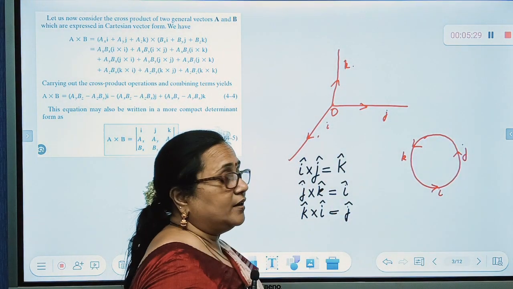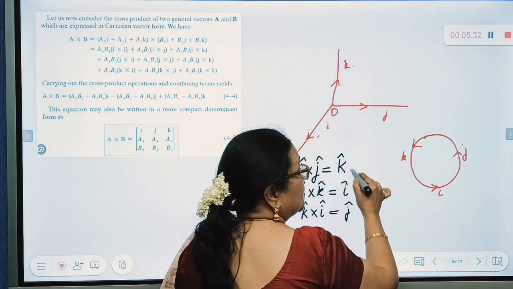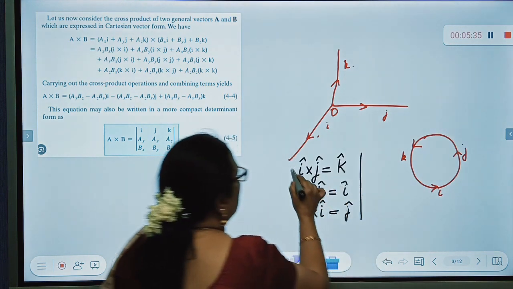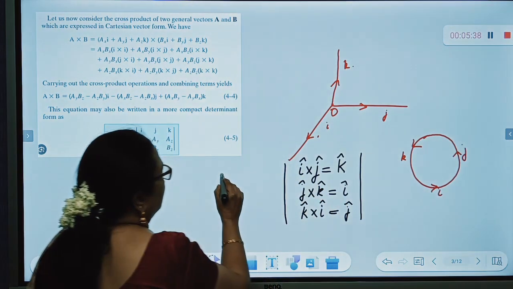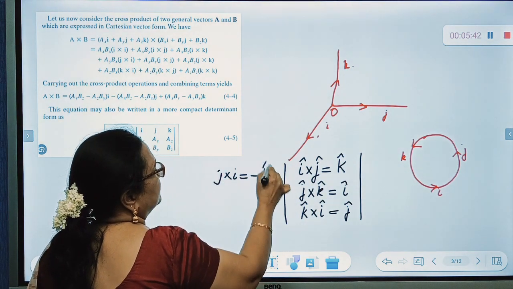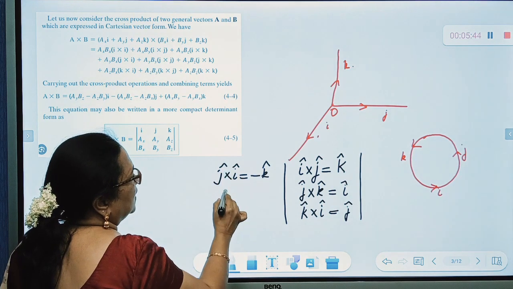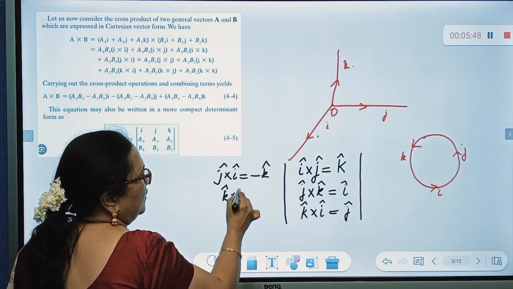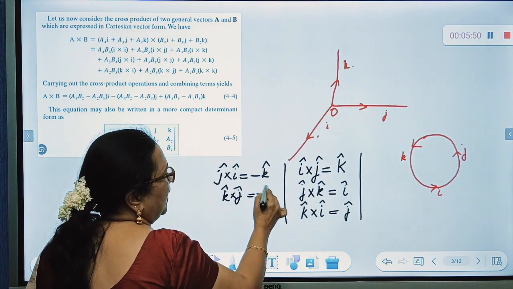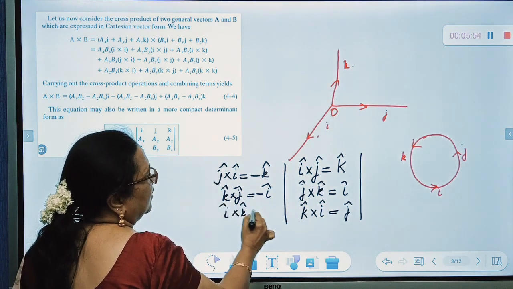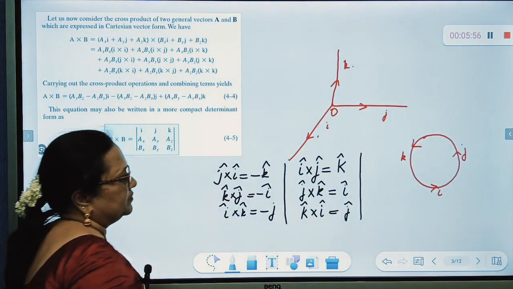Now, you know that a cross b is minus b cross a. Therefore, j cross i will be minus k. K cross j will be minus i. I cross k will be minus j.